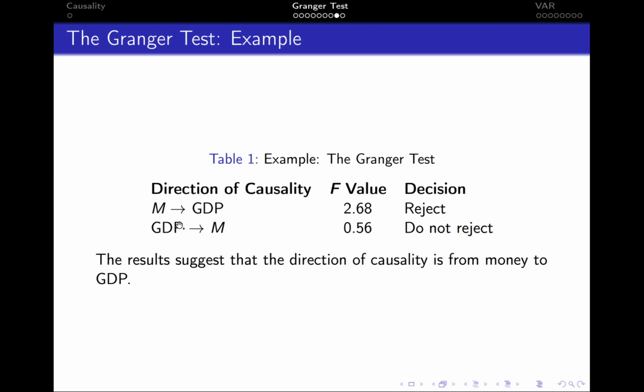And when we check the direction of causality from GDP to M, we get that the F value is 0.56, suggesting that we cannot reject the null hypothesis, which means that GDP does not Granger cause M. In this case, the results suggest, as you already guessed, that the direction of causality is from money to GDP, but not the other way around.